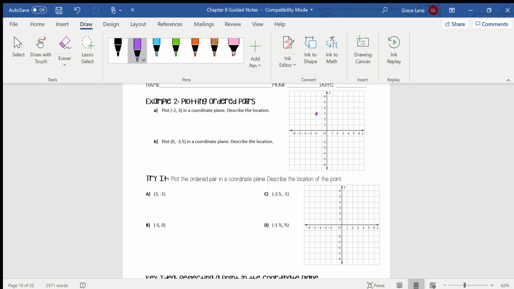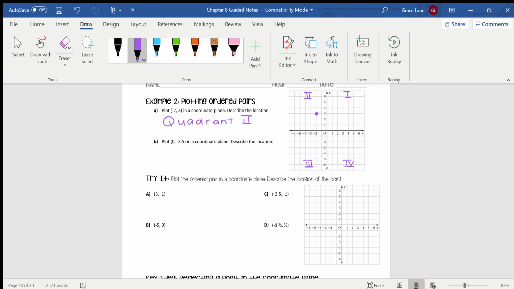We put a dot right there, and this falls in quadrant number 2. Remember, they go 1, 2, 3, and then IV means 4.